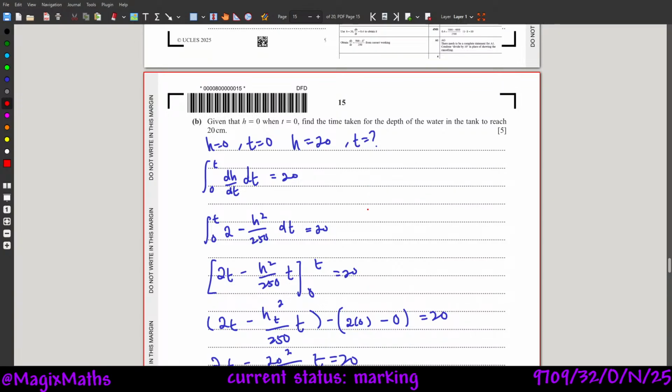Let's do my attempt. Let's reattempt. So we should have had dh over dt equals to 500 minus h squared over 250. And it's supposed to be 1 over 500.